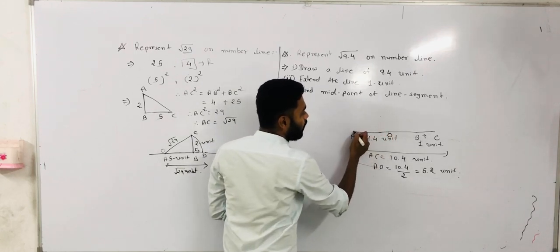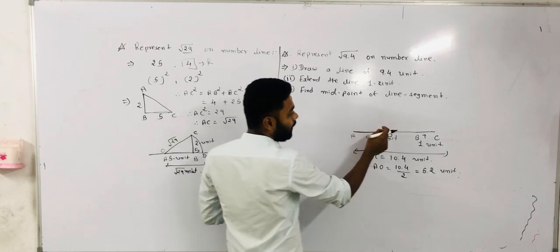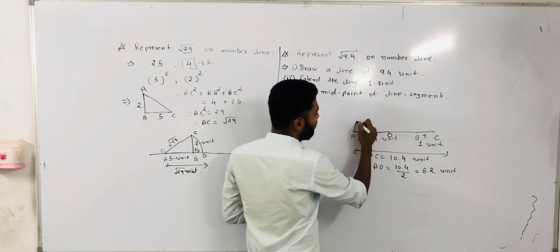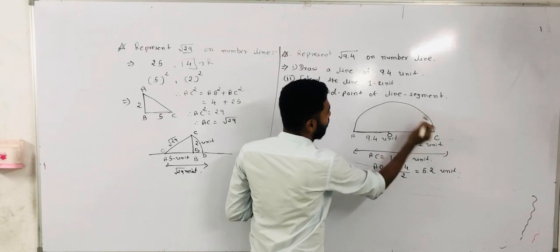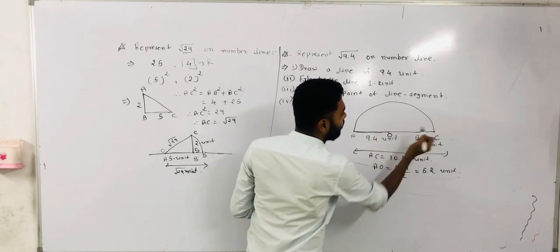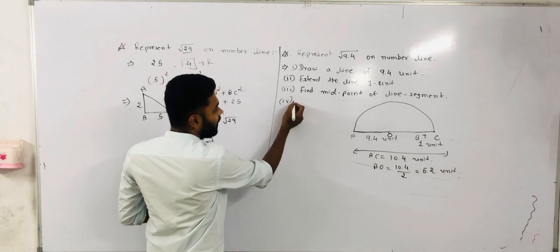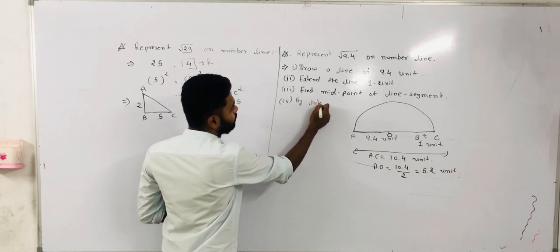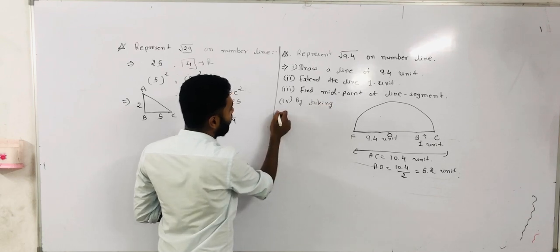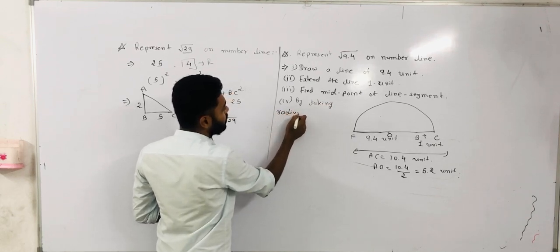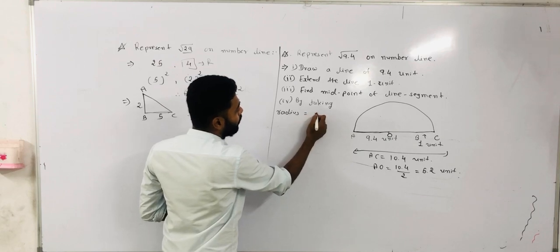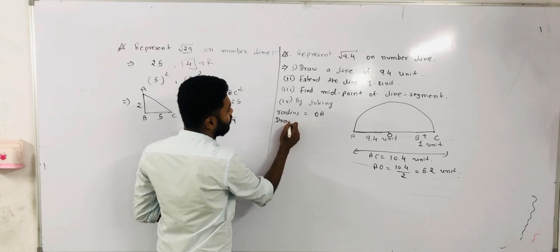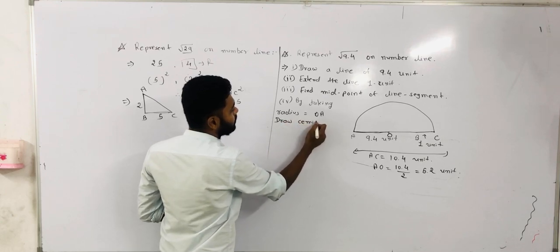So by taking the compass with center as O, draw one semicircle that will meet at C. So the fourth step, by taking radius equal to OA, draw a semicircle.